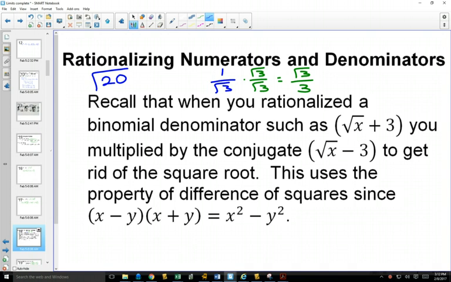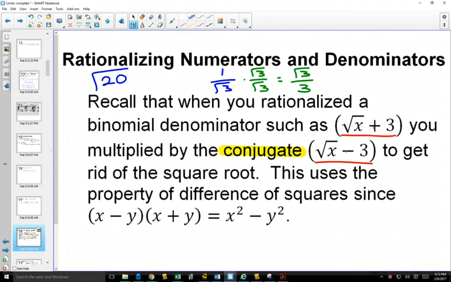So that's taken out. But this idea of rationalizing, especially when you had a binomial, like the square root of x plus 3, where you had to multiply by the conjugate. Now the word conjugate, the definition of a conjugate is the same thing. Notice these are the same, just the sign in the middle is changed.